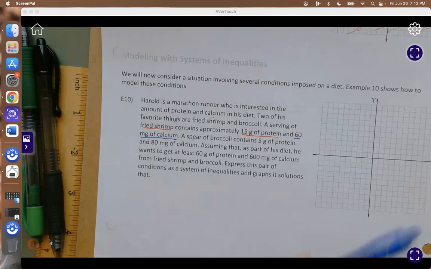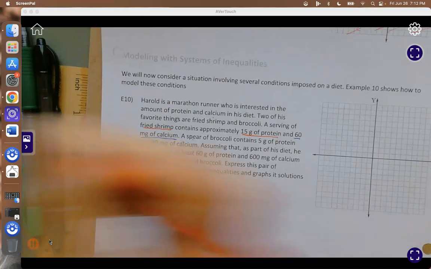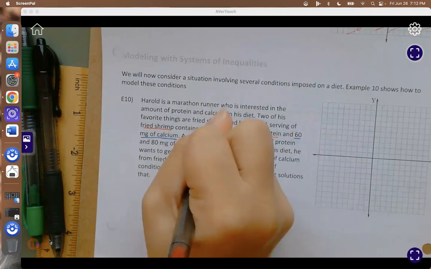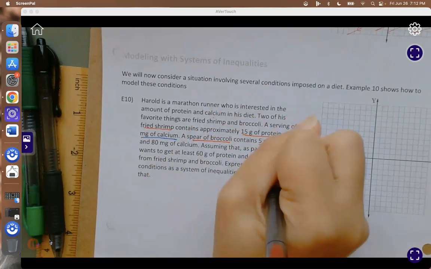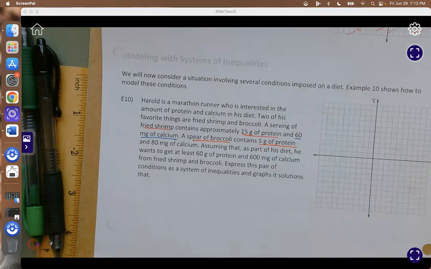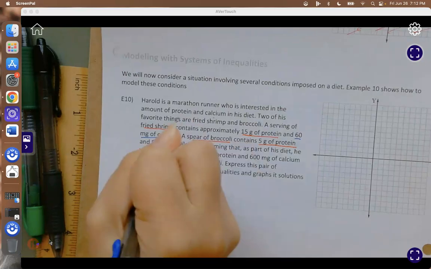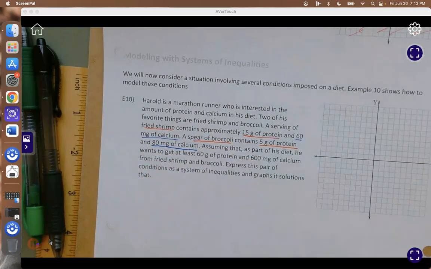Okay, a spear of broccoli contains 5 grams of protein and 80 milligrams of calcium.